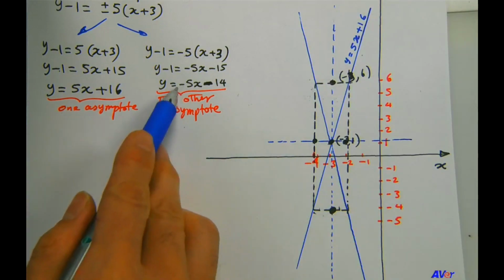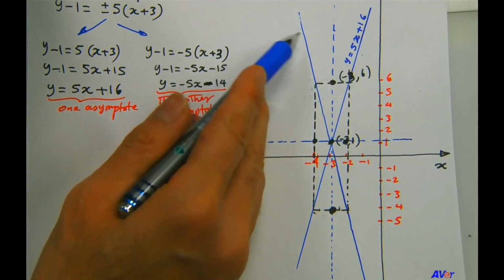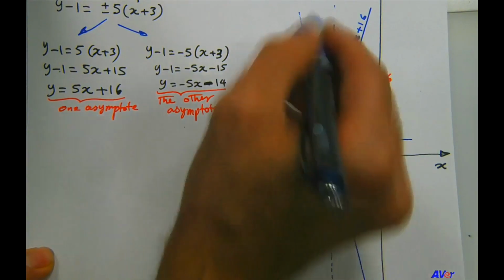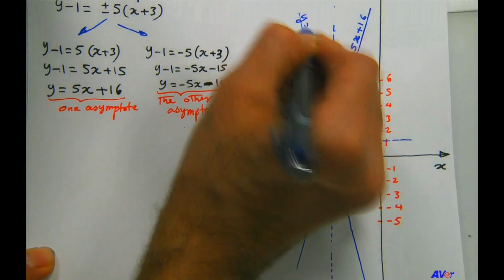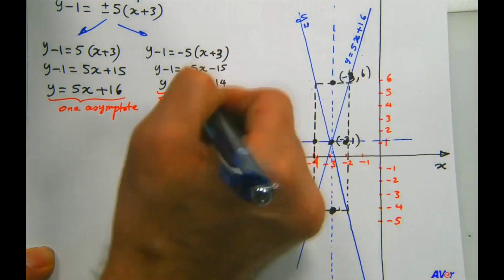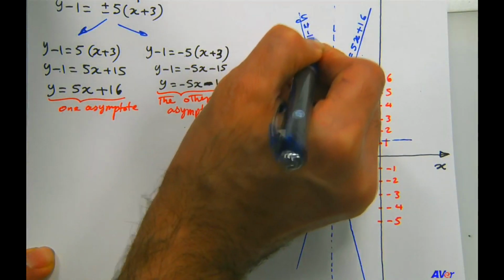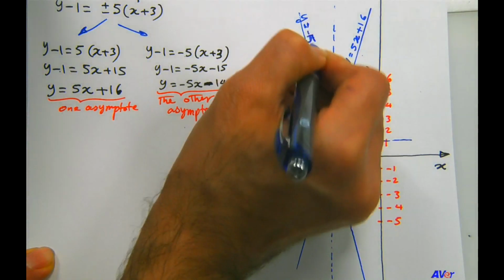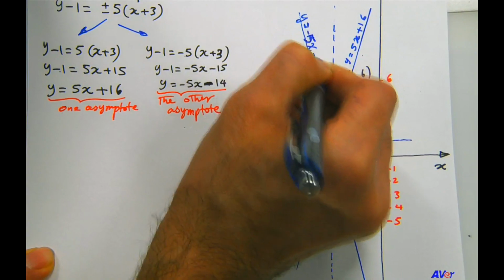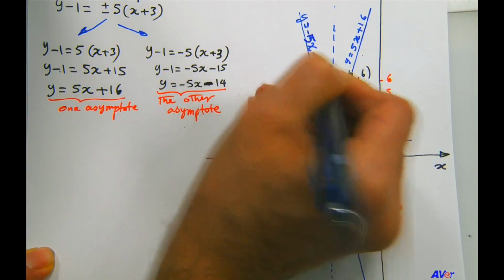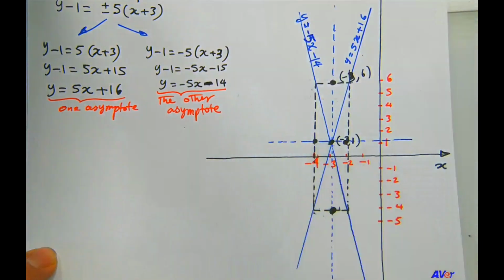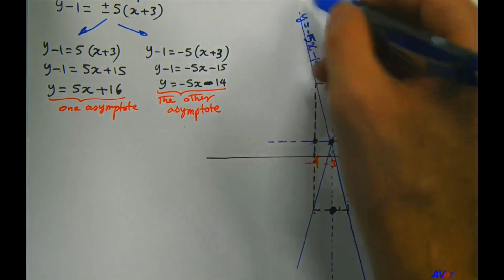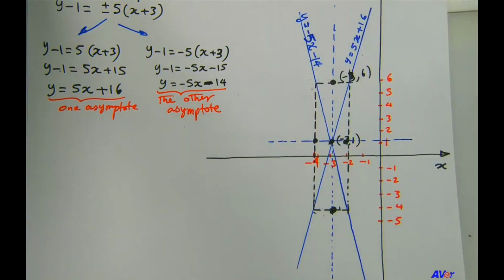And the one that has a negative slope, I'm going to put on this line. So it'll be y equals minus 5x minus 14.